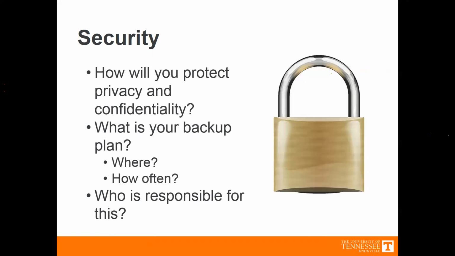Another thing you want to make sure of is if you're collecting human subjects data, you're going to have to get IRB approval. And in your IRB approval process, you want to make sure that the IRB is aware that you will be sharing your research data and that they're aware of how you will anonymize that data. And then third thing is you're going to also have to get consent from your participants when you collect data from them.